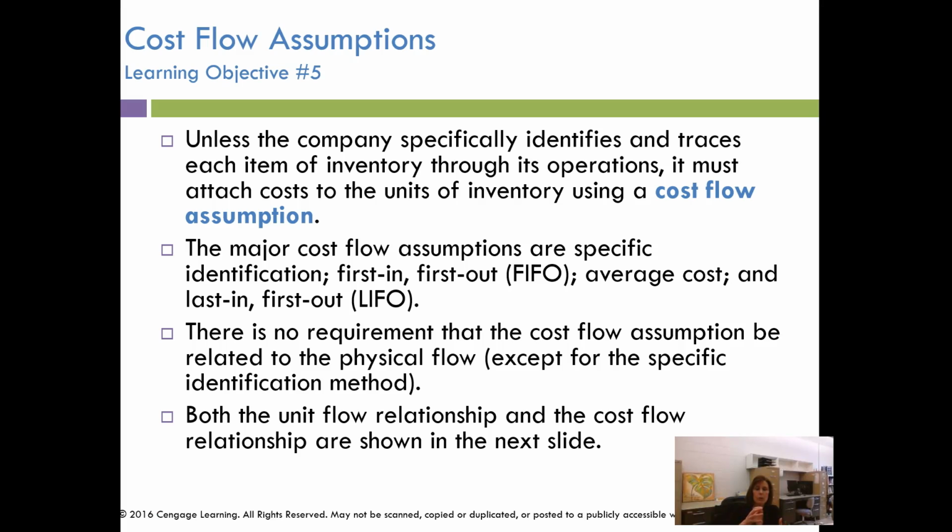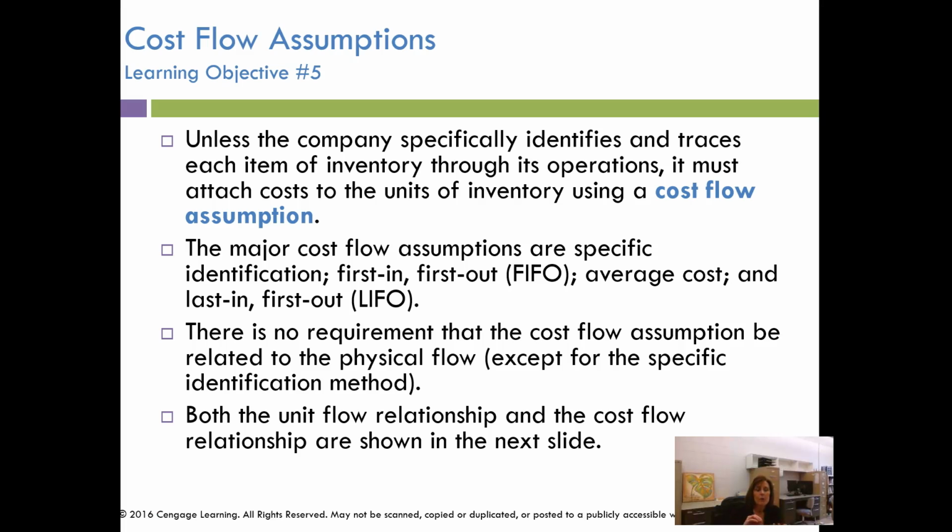You would have very distinguishing features about each separate item and probably very different costs associated with them. And so you would want to track those specific items individually and not in batches.